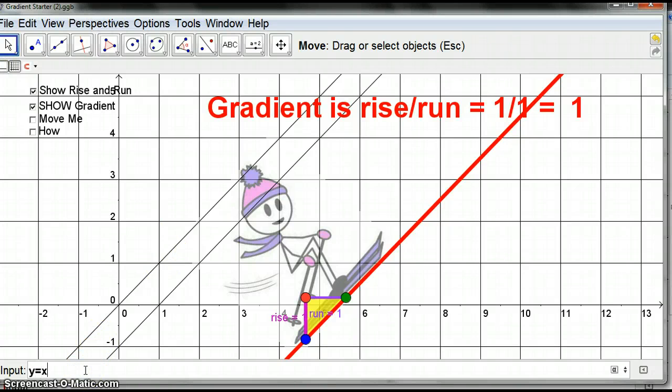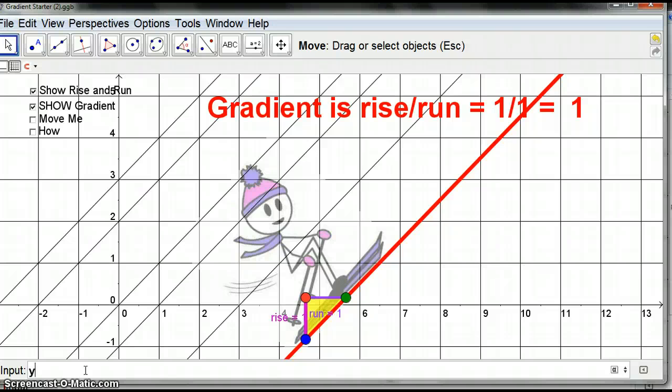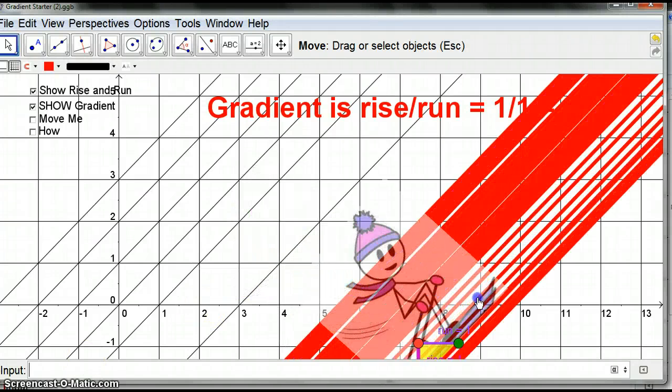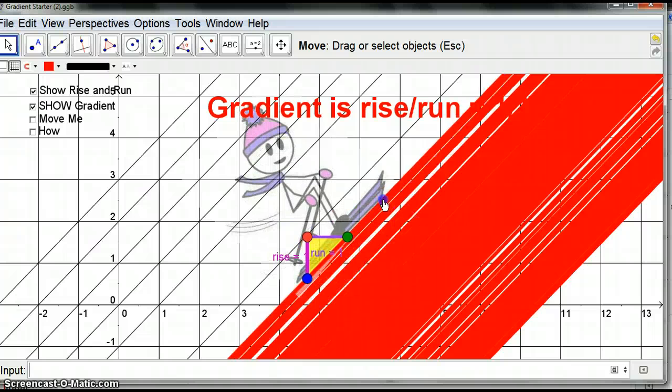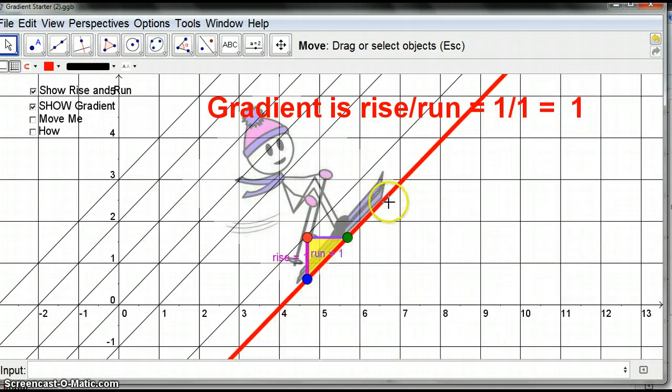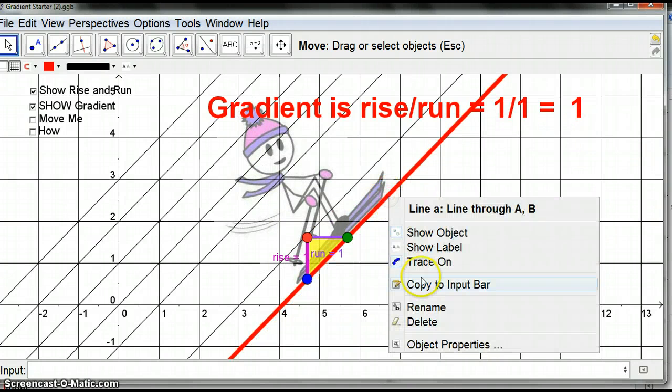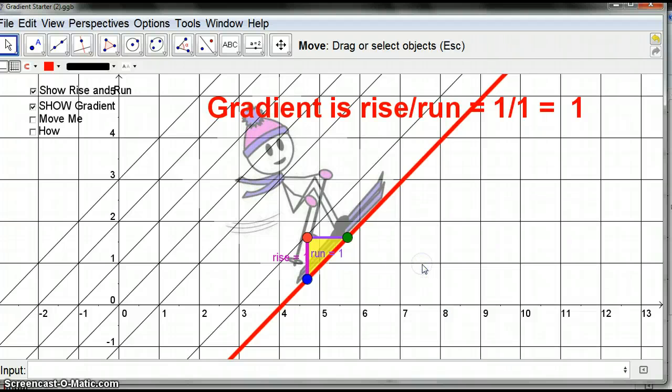Y equals x minus 3. Y equals x plus 3, y equals x plus 2, y equals x plus 1. All of those have gradients of 1. Okay? So they've all got a gradient of 1. Does that make sense? Yeah.